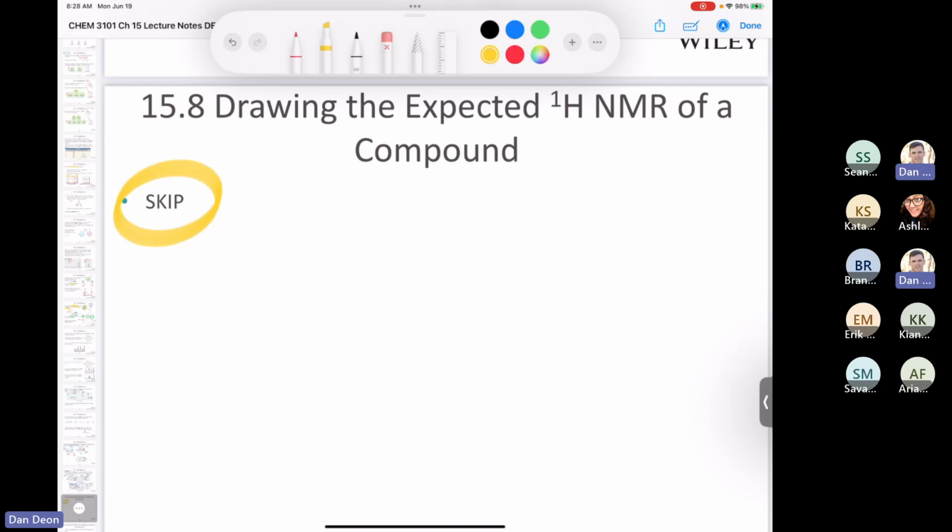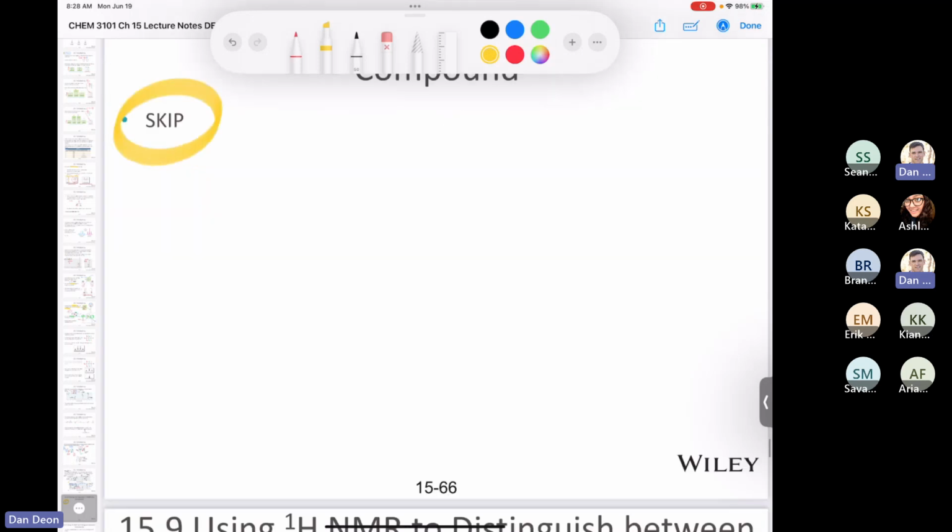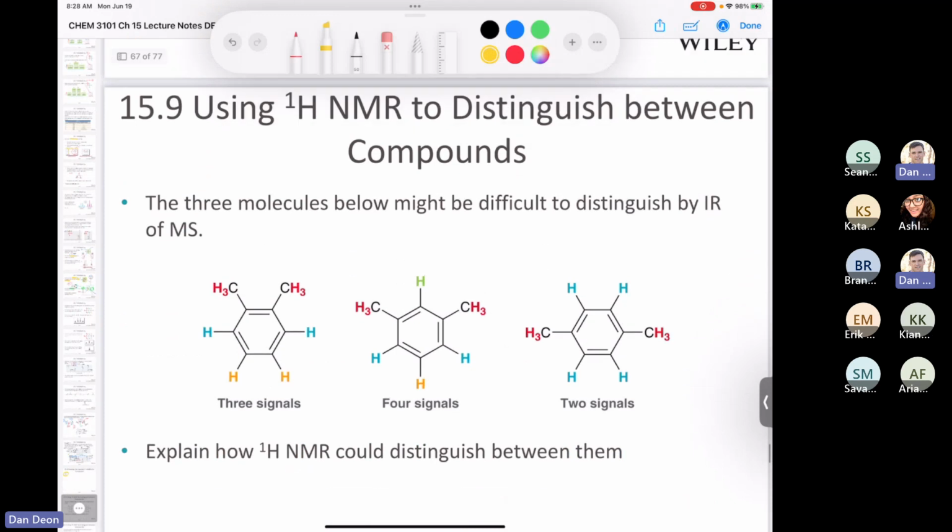It's very difficult to tell when somebody's trying to draw a quartet or a triplet. However, if you look at the suggested practice problems that were chosen by your instructor, you'll notice that I picked some problems that involve this concept. So I think it's a good idea to try it, but I will not ask you to do it. It will help your understanding of the N+1 rule and chemical shift and integration, but I don't ask my students to do that.